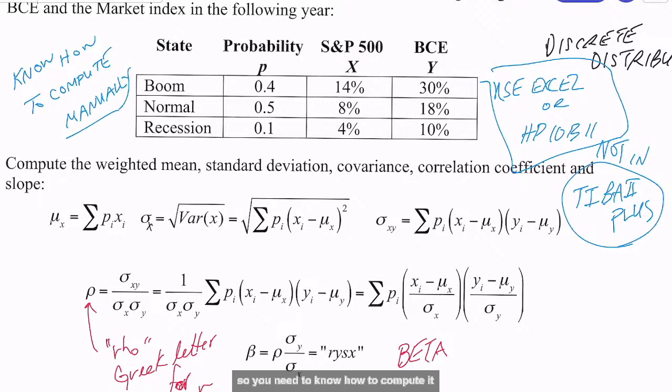So you need to know how to compute it manually. You need to know how to use Excel or, well, anyway, if you have the HP 10B2. But it's not going to be directly from the BA2 Plus like the other one above is.